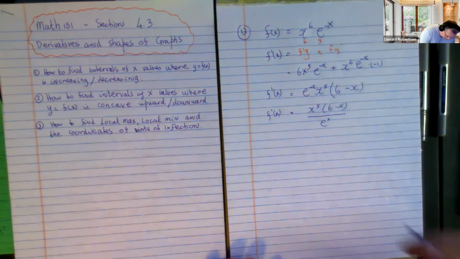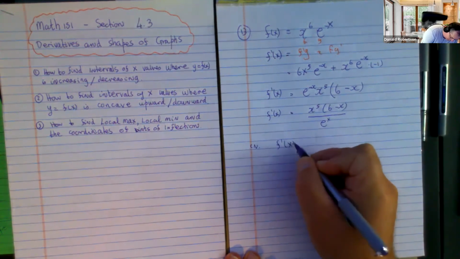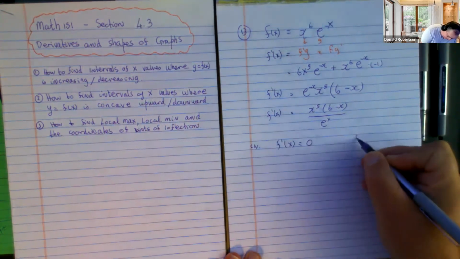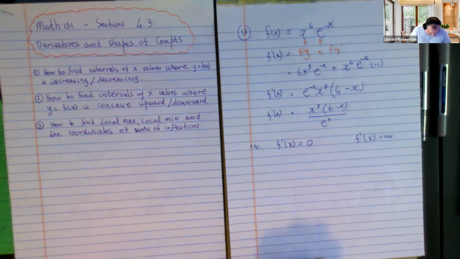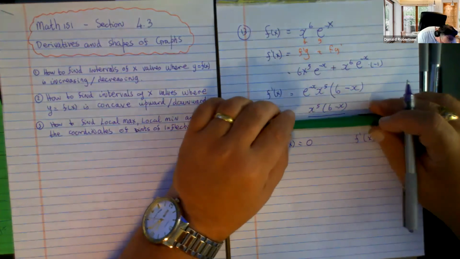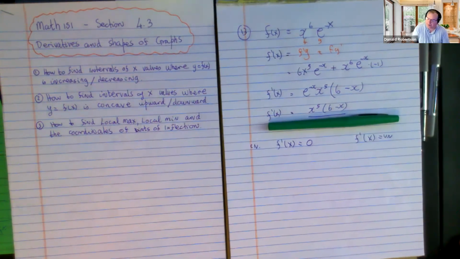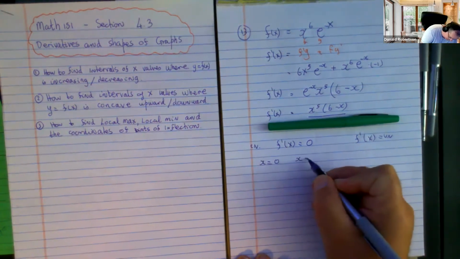So let's go looking for critical numbers then. Places where the derivative is 0 and places where the derivative is undefined. If it's going to be 0, it really doesn't matter what's happening on the bottom, only the top matters. And because that is factored, x equals 0 and x equals 6.